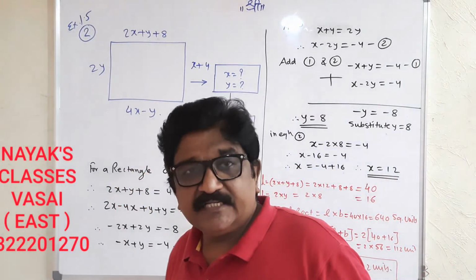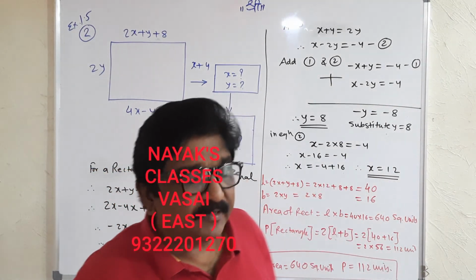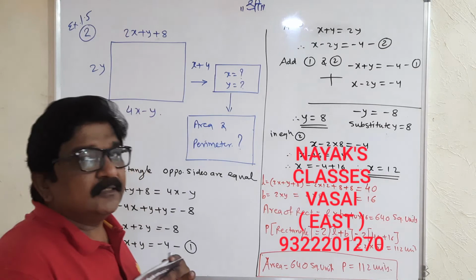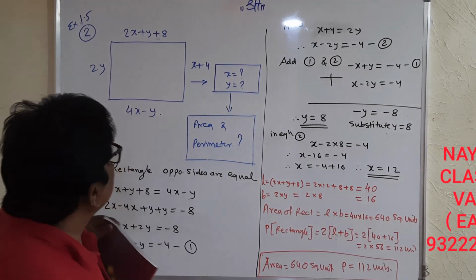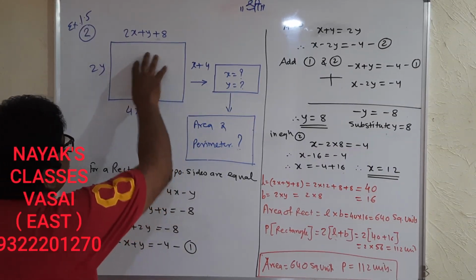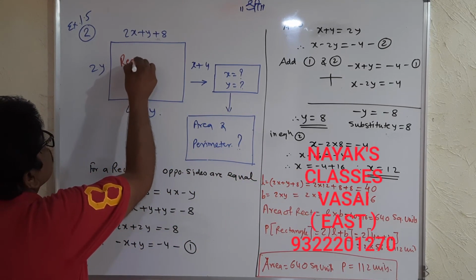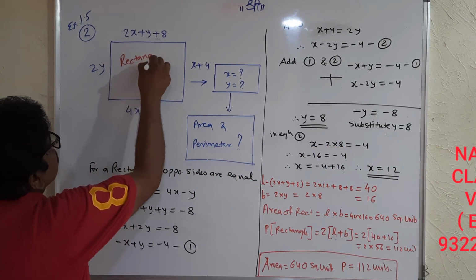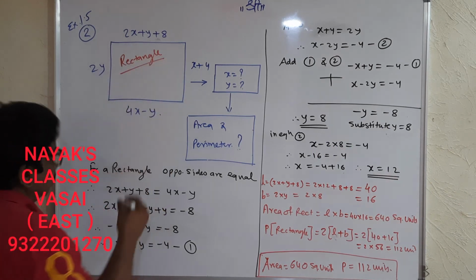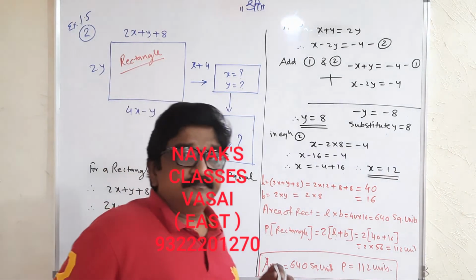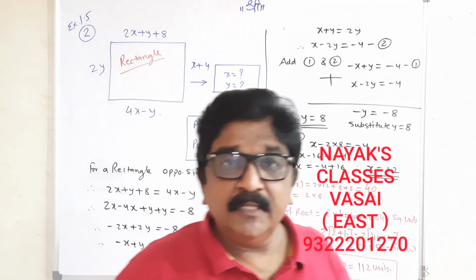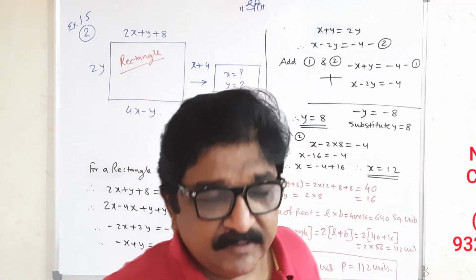Students, this is second example of exercise number 1.5. Little bit tricky. What they have given? They have given one rectangle, and measurements in variables.